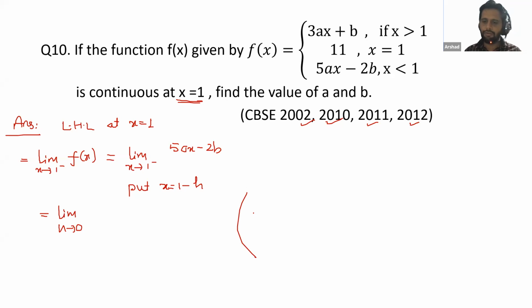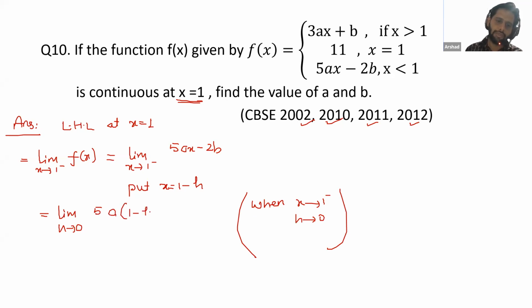If x is less than 1, then for LHL, we will use that function. When x approaches 1 minus, h approaches 0. So here we will get what? 5a, and in place of x, we will put 1 minus h, minus 2b. This is equal to limit h tends to 0.